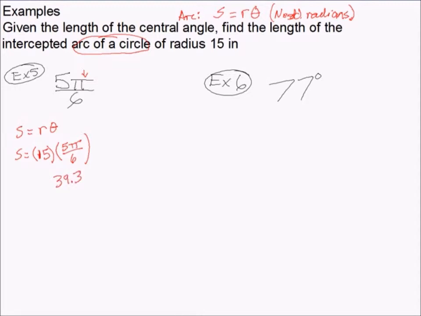Okay. And this is rounded to the nearest tenth. Now, if you want to just use the decimal, like if you want to figure out what this decimal is, it would be 15. Okay.